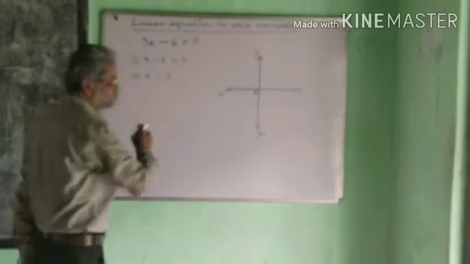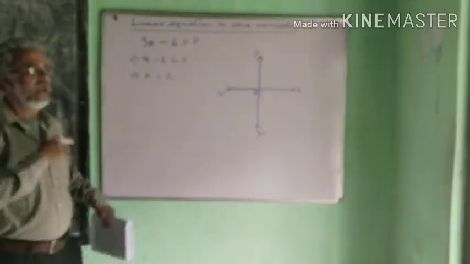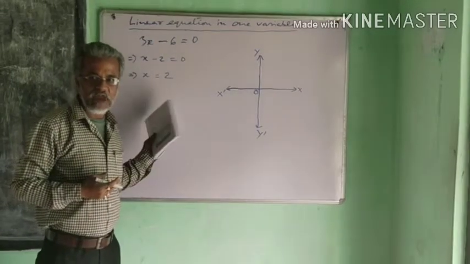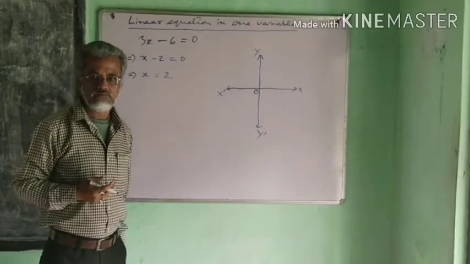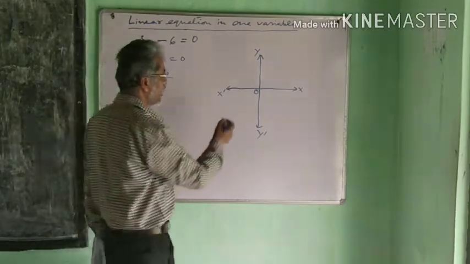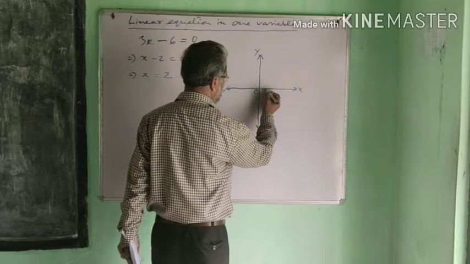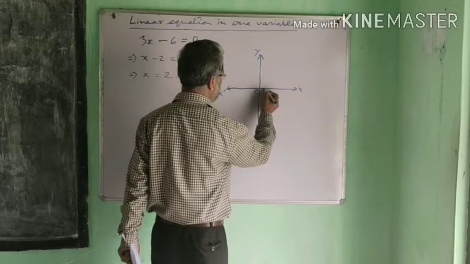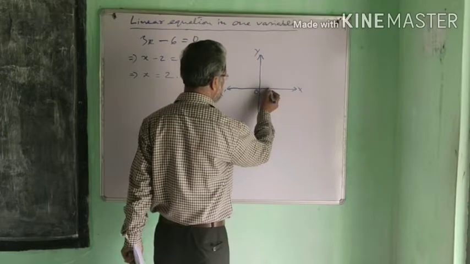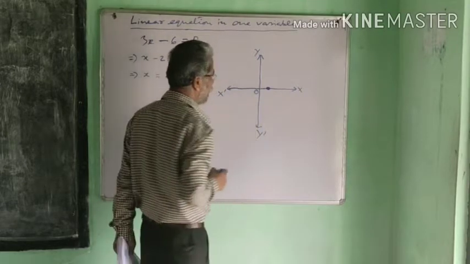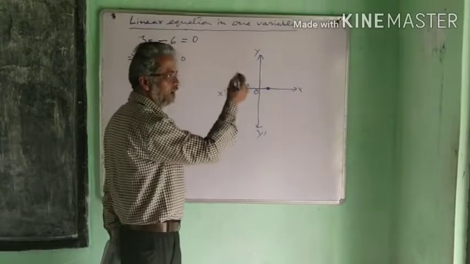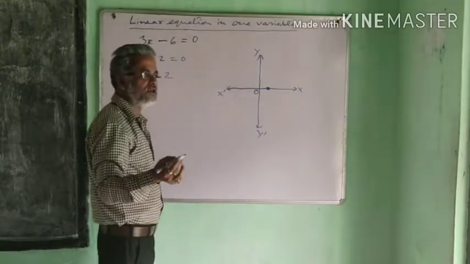Now x is equal to 2 means for any value of y, the value of x is always 2. That is positive, so on the x-axis you find the point 2. Suppose this is 1, this is 2. X is equal to 2. So for any value of y, x is equal to 2.